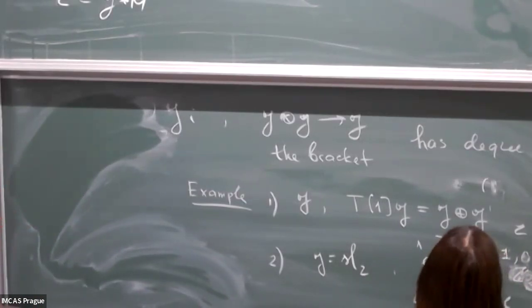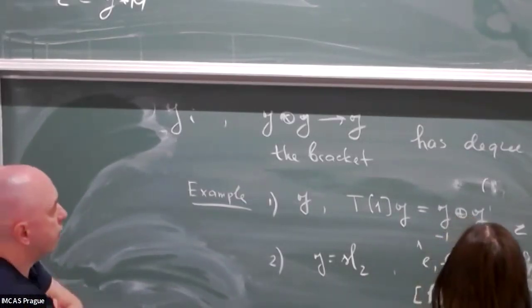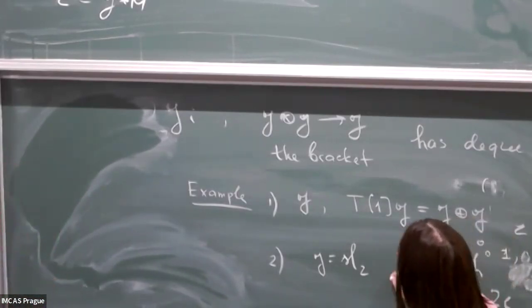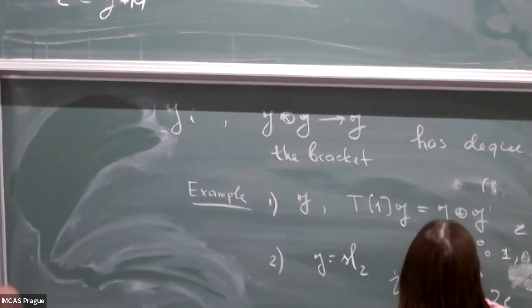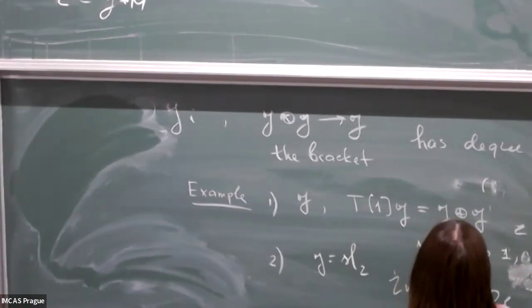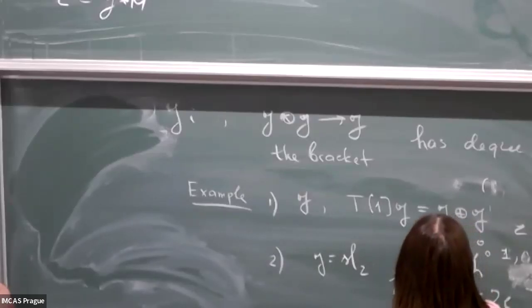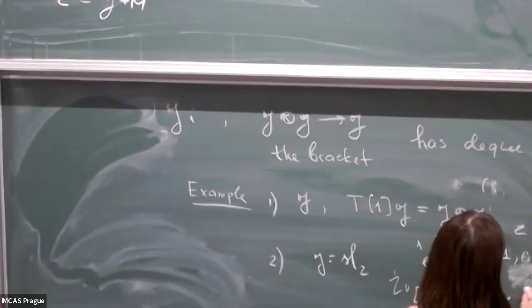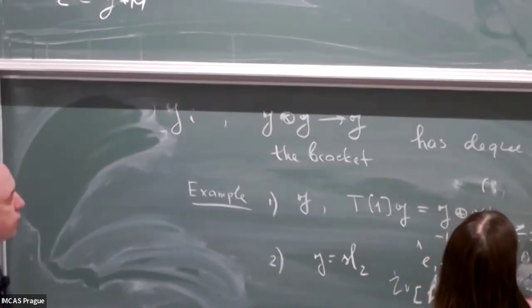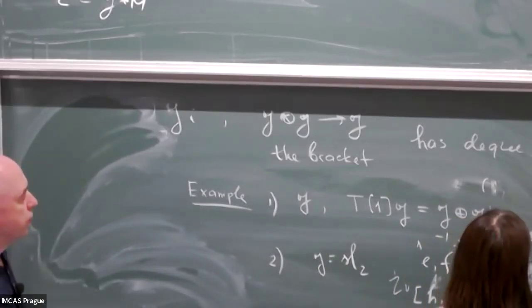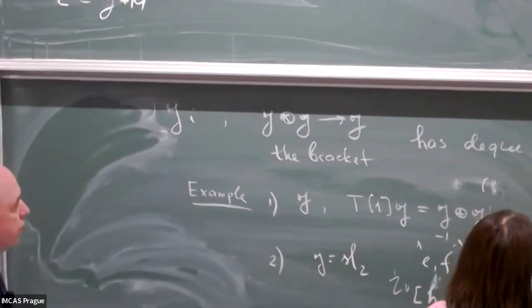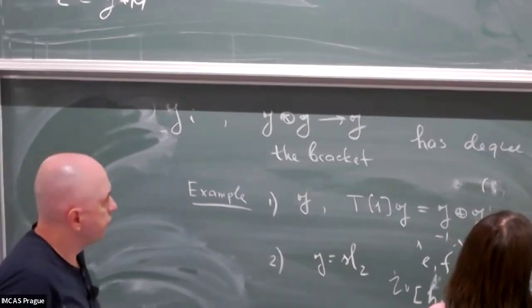But do you have any examples with some other grading? I worked a lot with Z grading, so that is the example. Z3 does not have 3 elements like 1, 2, 3 here.